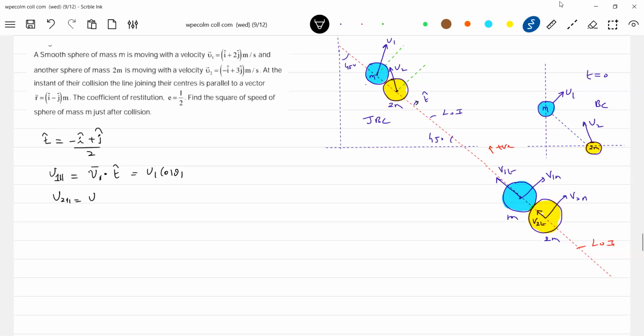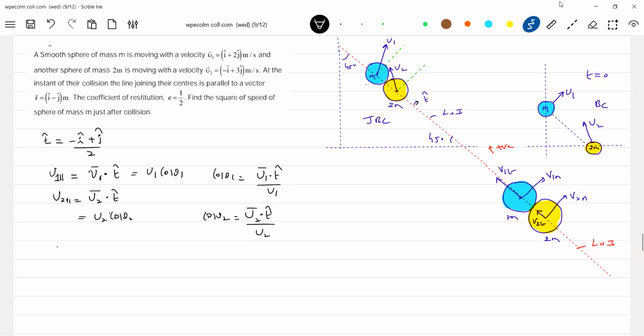Similarly, u2 parallel should be equal to u2 bar dot t cap, which is u2 cos theta 2. Just in the vector form, I'm trying to define it. We know u1 parallel and u2 parallel.